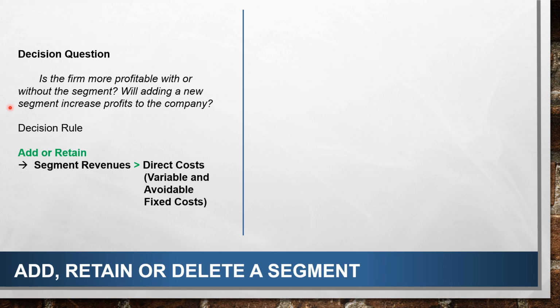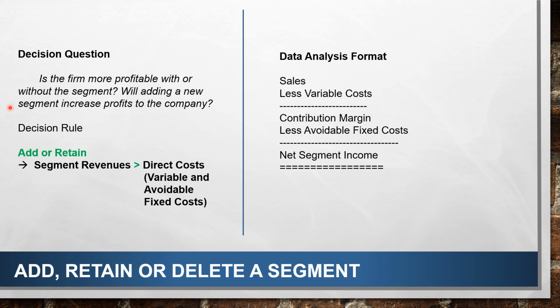So as long as the segment margin is positive, then better add or retain a segment. So we have here a data analysis format. We already know this. Sales less variable cost is equal to contribution margin, less avoidable fixed cost, gives us the segment margin, or the segment income.